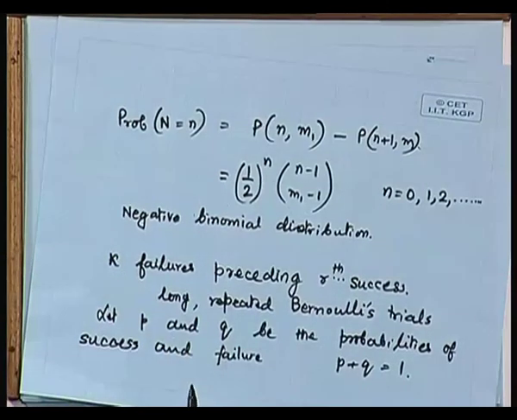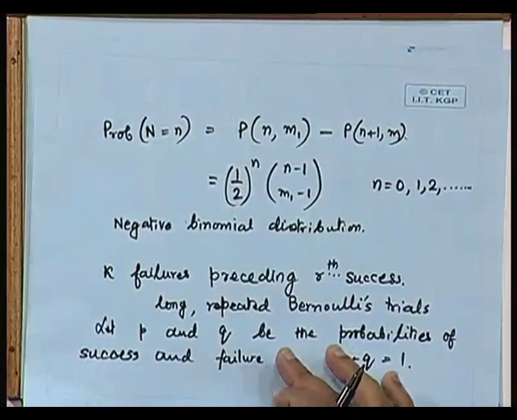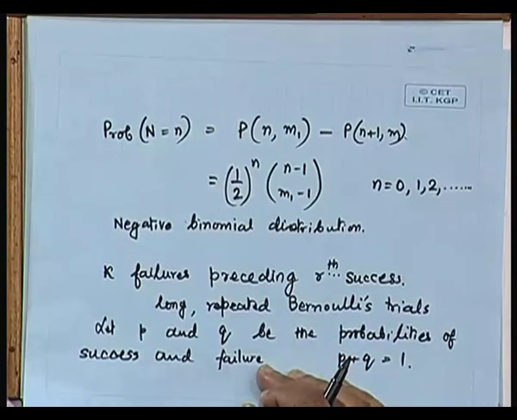Essentially, we are varying this n, keeping it as a random variable, and we get a very interesting distribution. We compute n equal to 0, 1, 2, 3, and so on, and we get a distribution pattern, with n considered a random variable.